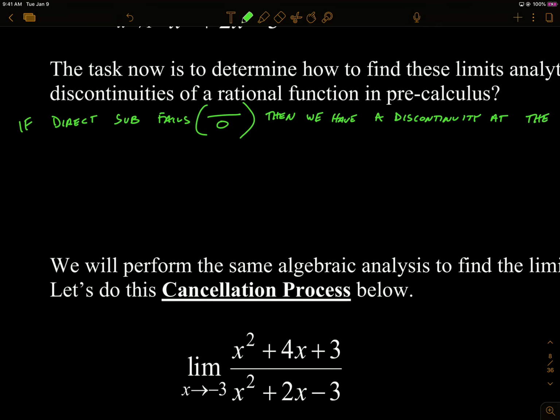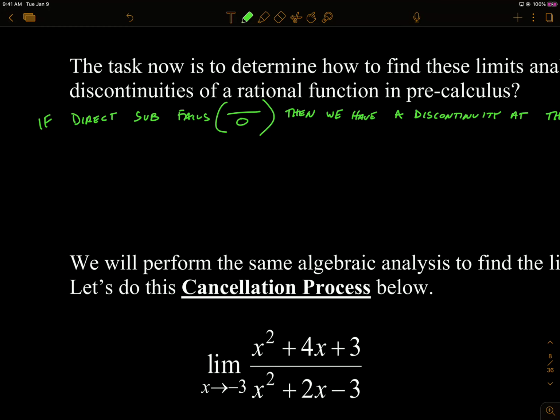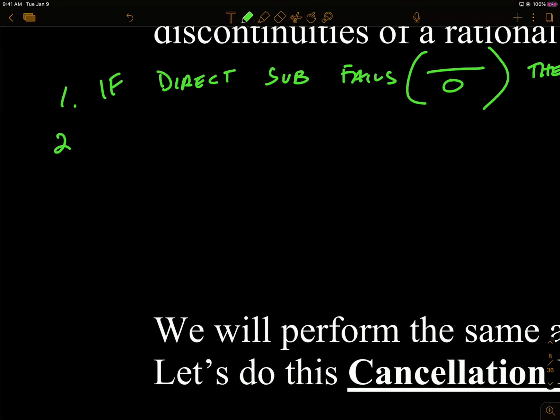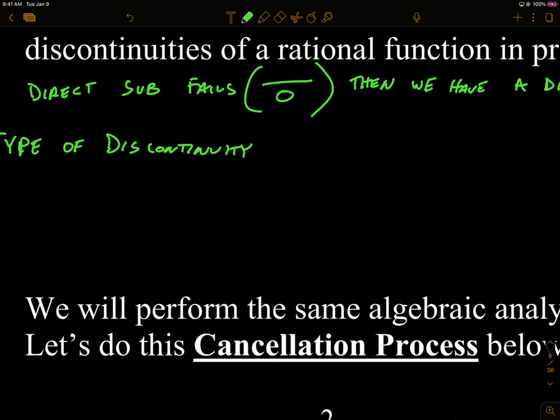Now we've got to figure out what type of discontinuity. So that's step 1. Step 2, let's type it. And how do we do that? We do that by also plugging our target into the numerator.